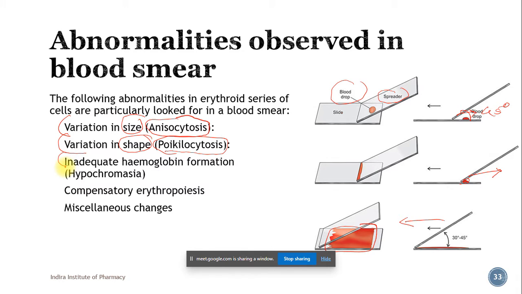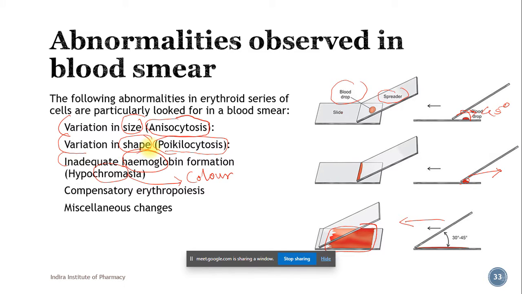The next abnormality we have to look for is inadequate hemoglobin formation, that is hypochromasia. When the word chroma comes, it relates to color. Red blood cells are called red because of the presence of hemoglobin in them.